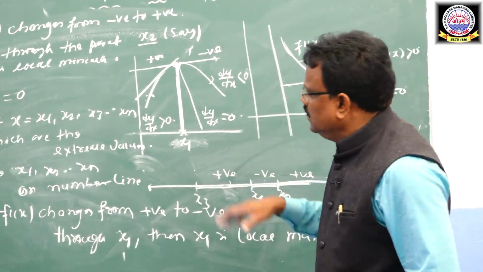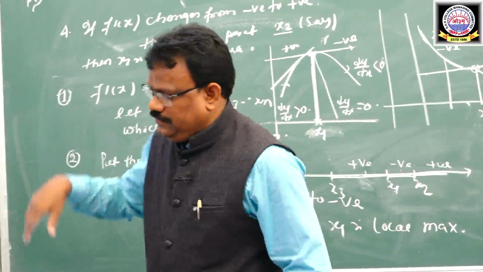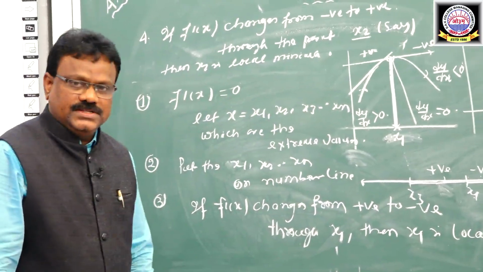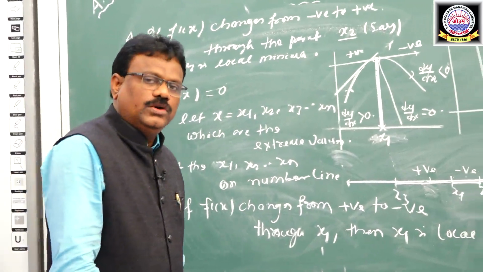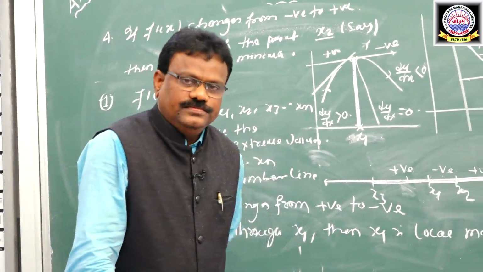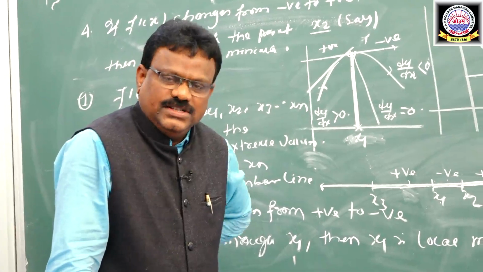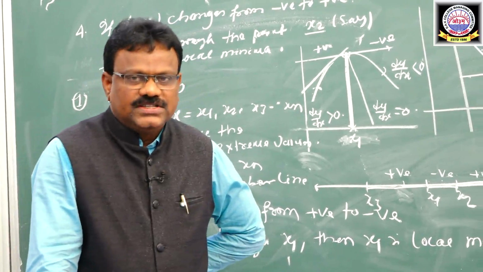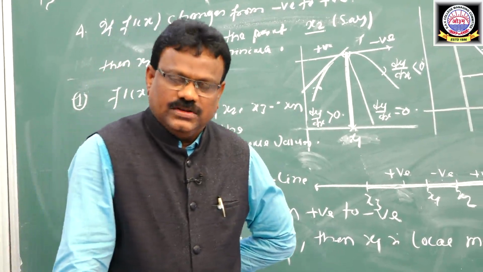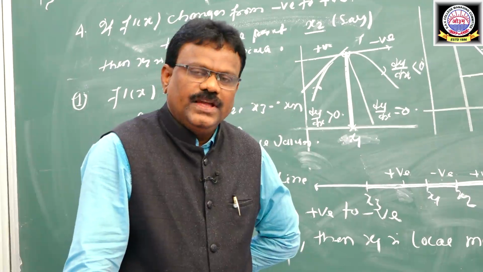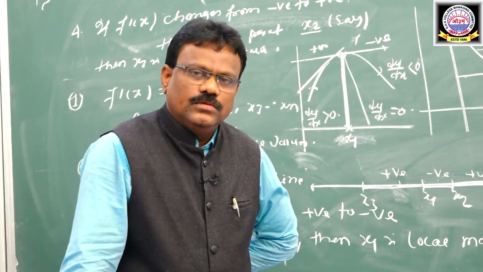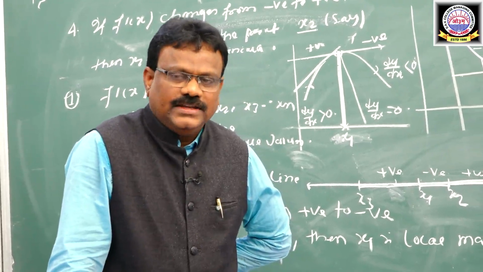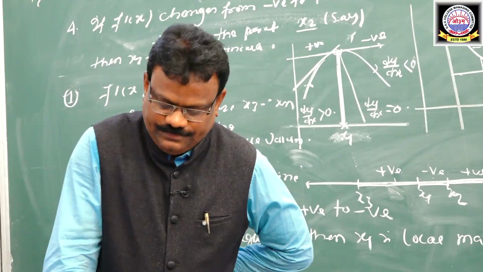So I think I covered up to the first order derivative test, and what we have done today, I am just recapping in 2 minutes. I first discussed what maxima and minima are with previous knowledge without using calculus. Then we discussed the articles, the sub-article of application of derivative.